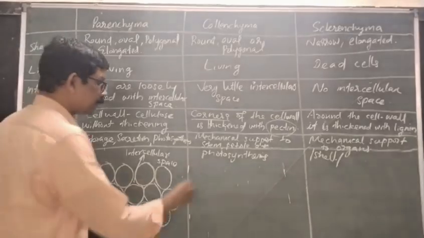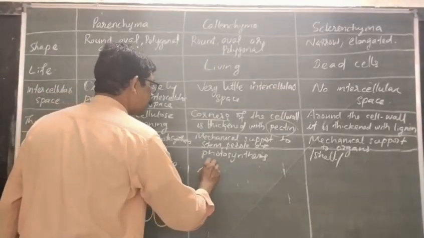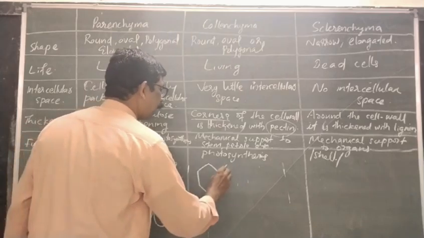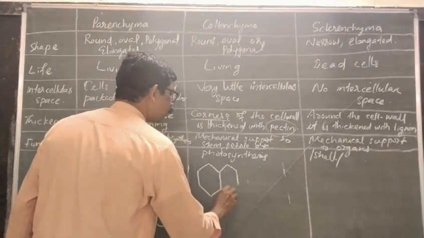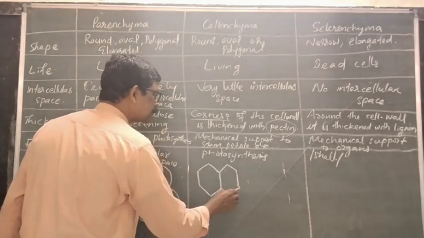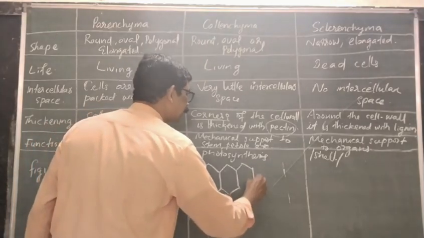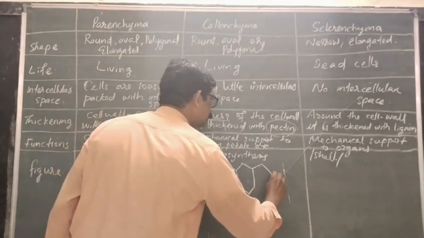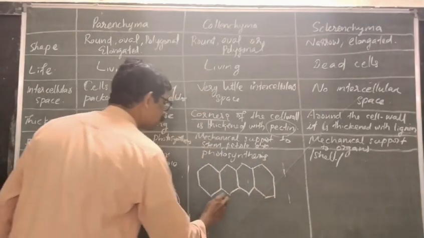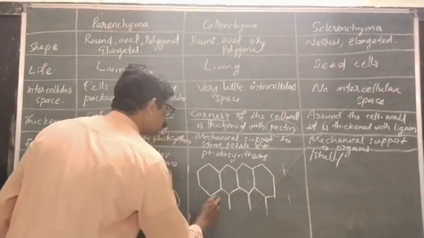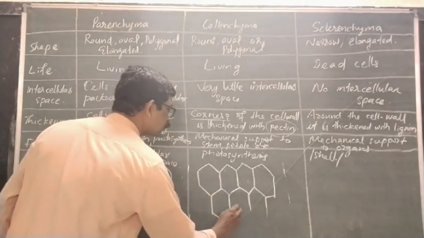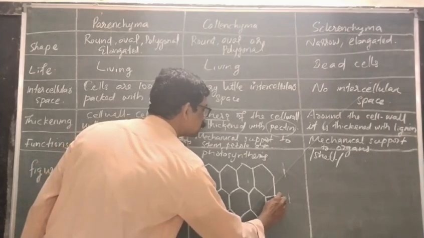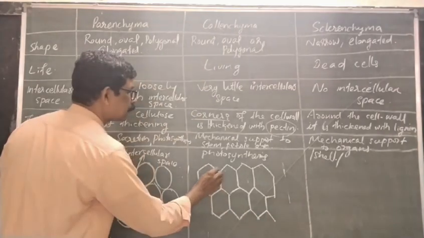But in case of collenchyma, intercellular space is somewhat less, and the corners of the cell wall are thickened with the substance we have said is pectin. So we can draw like this. The corners of the cells are thickened, so these are the corners.